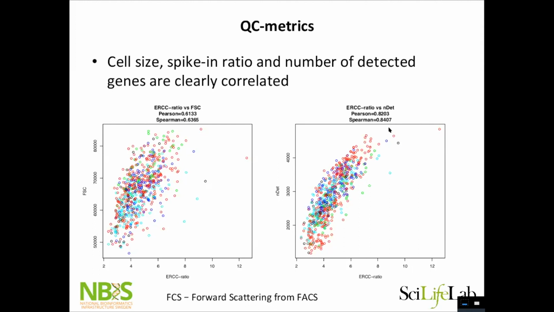So it all follows together, all of these measures. You might not have to look at all of them since they also correlate. But you have to keep in mind that you don't want to remove all the big cells if there is a variation within your population.